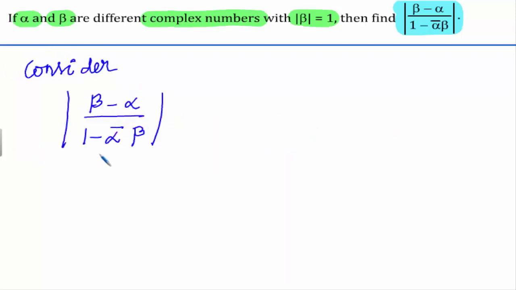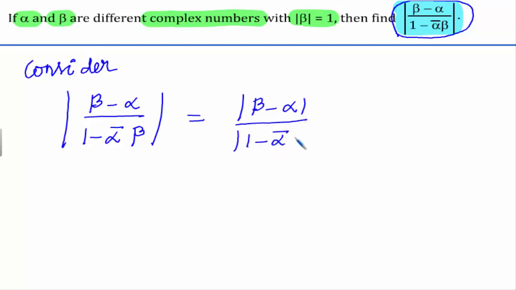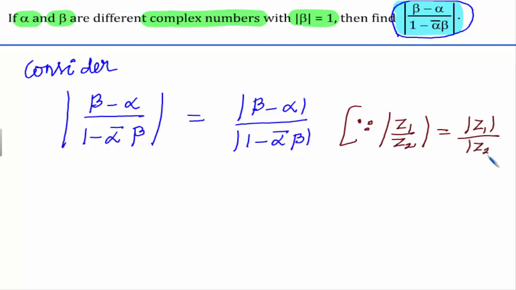Let us consider the given modulus function. So this will be equal to modulus (β − α) divided by modulus (1 − conjugate of α β). Here we have used the property modulus of Z1 divided by Z2 is equal to modulus of Z1 divided by modulus of Z2.